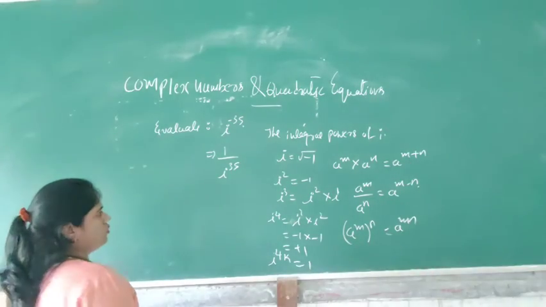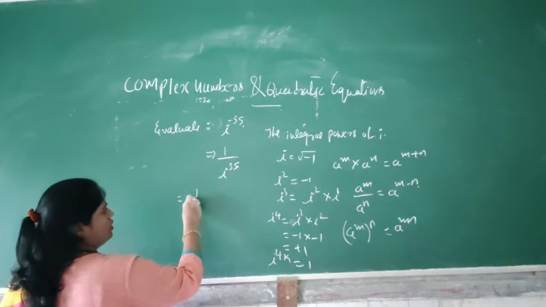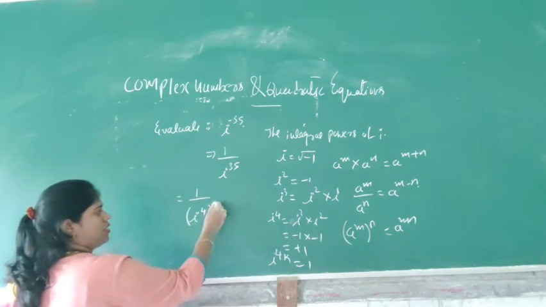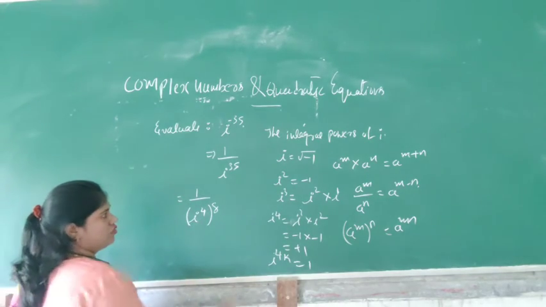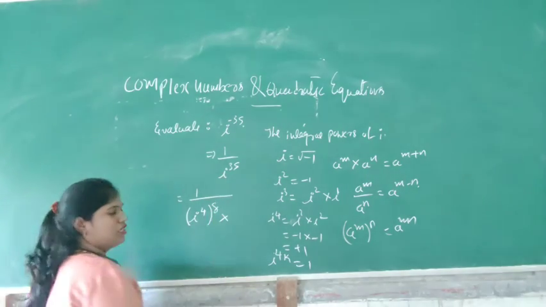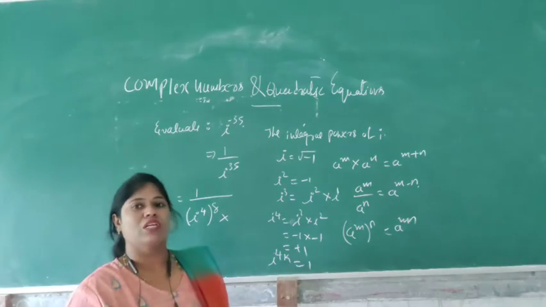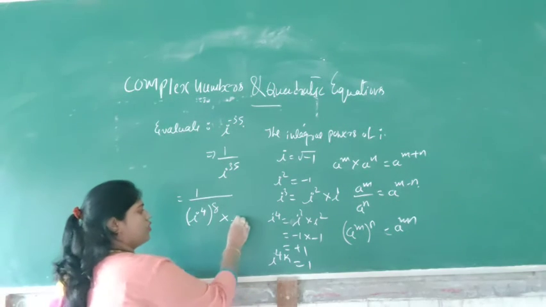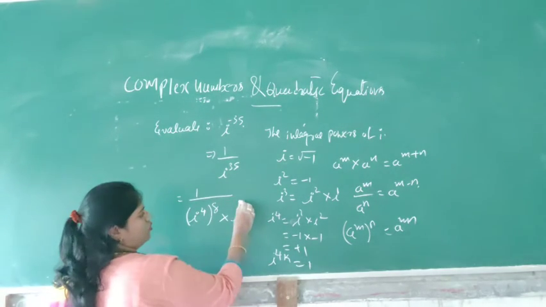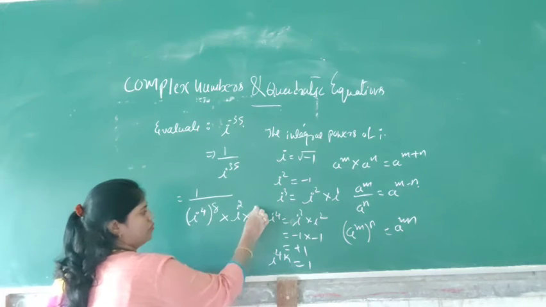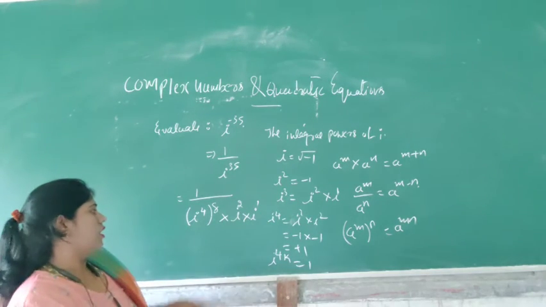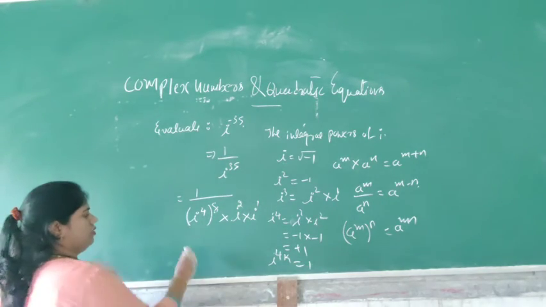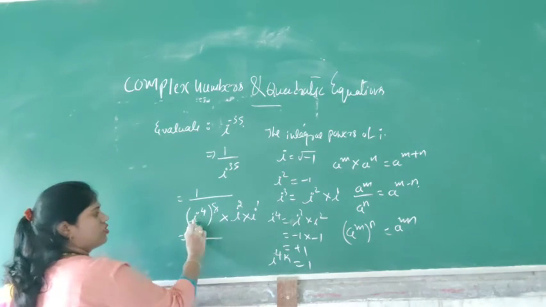So how are we going to do this one? 1 divided by, 4 times you can write, 4 8s are 32. What will be remaining? 32 plus 3 is 35. So i to the 35 is i to the 32 into i cube.